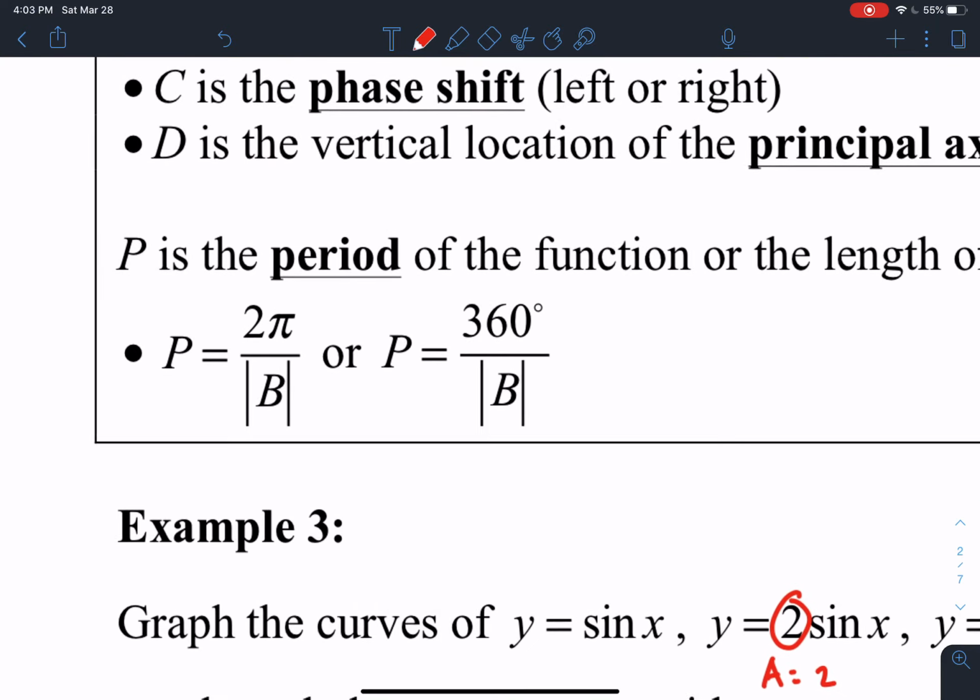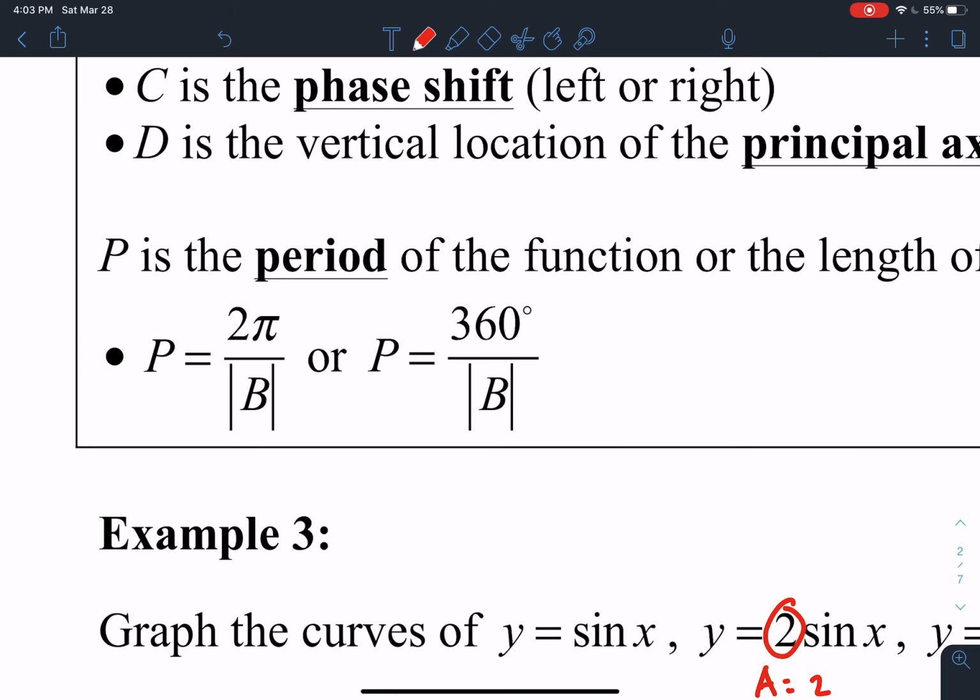To figure that out, you take what you typically have as 1 cycle, which is 2 pi, and you just divide it by the b term. We're going to use this quite frequently as we're working these out. So you're always going to take 2 pi divided by the b term, and that'll tell you how many cycles you have in between 0 and 2 pi.